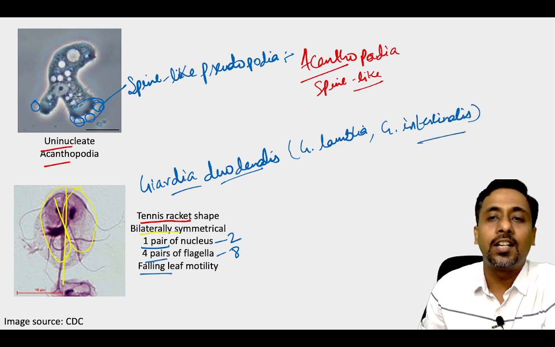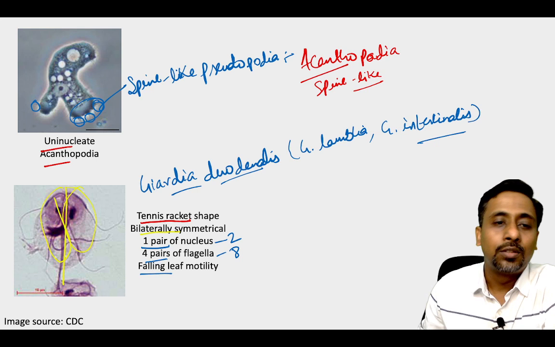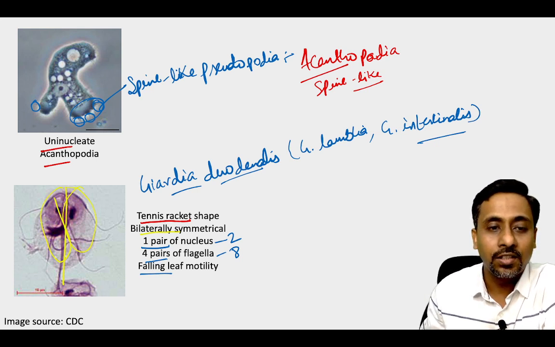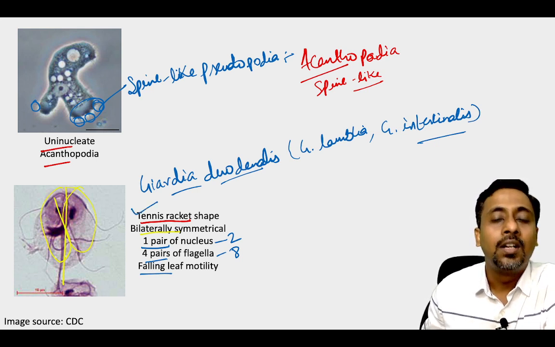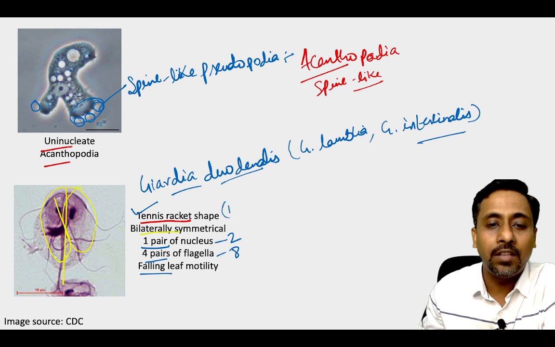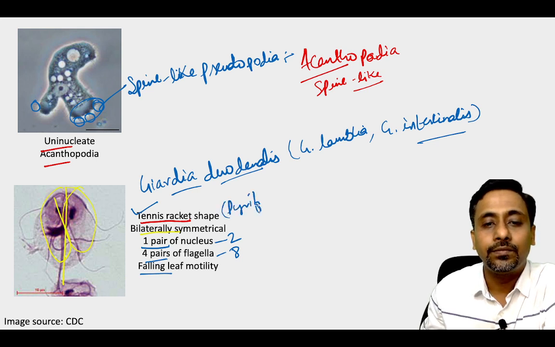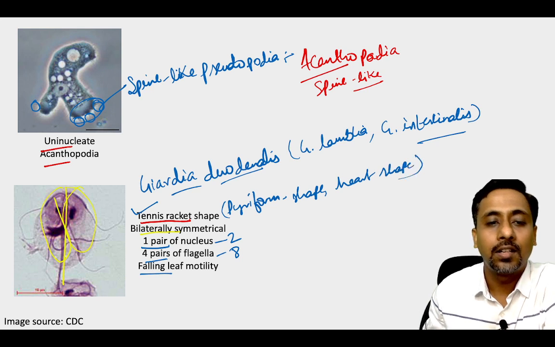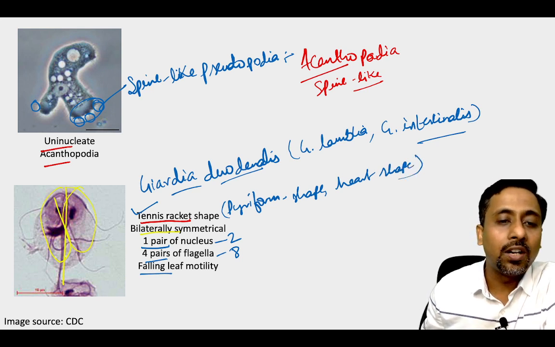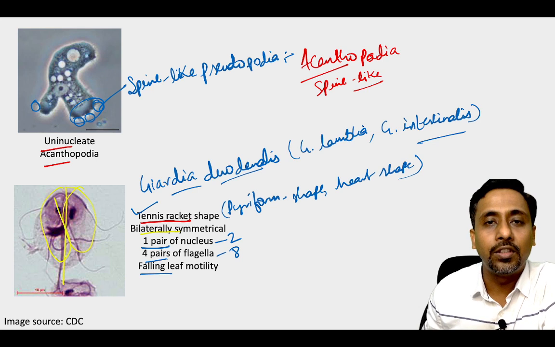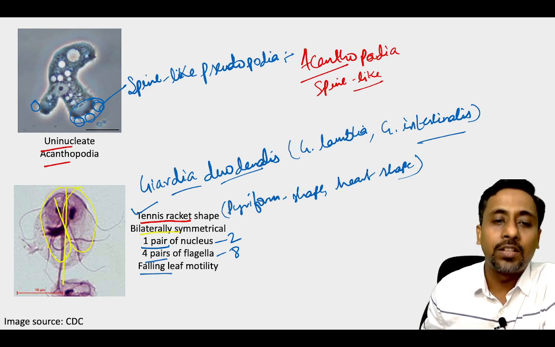So, what are the features? Tennis racket shape, also known as pyriform shape or heart shape. And it has got one pair of nucleus or two nucleus, and four pairs of flagella, that is 8 flagella.